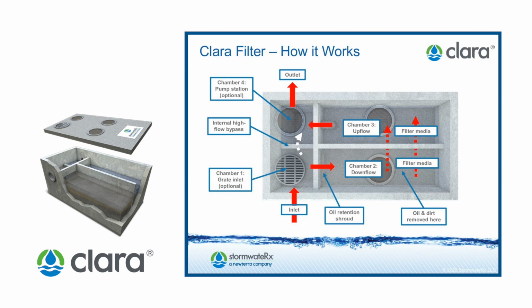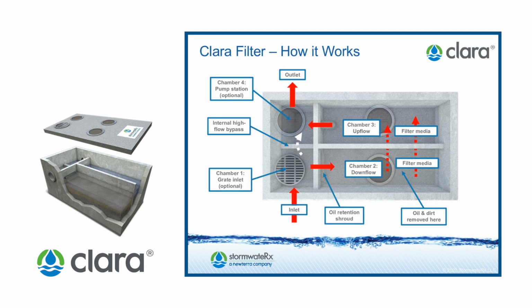The stormwater then passes through the shrouded treatment opening and enters chamber 2, the first of 2 filtration chambers. Stormwater passes downward through the inert media, capturing sediment, oils, and other insoluble pollutants. At the bottom of this chamber, stormwater passes through a large cutout located at the bottom of the vault baffle wall that separates the 2 filtration chambers.